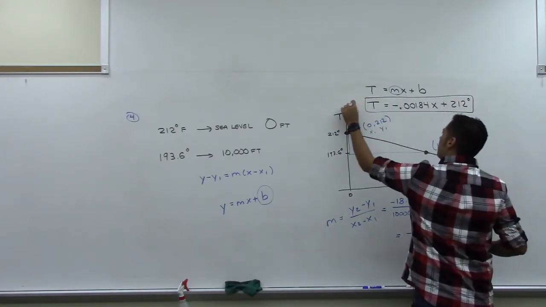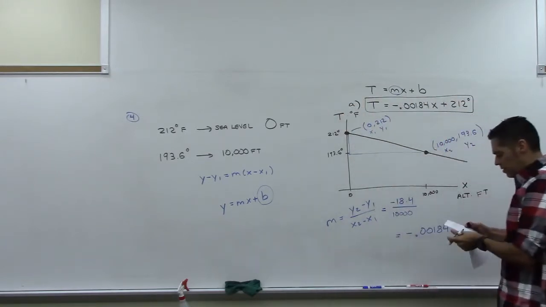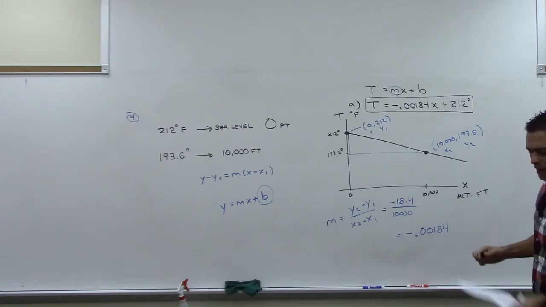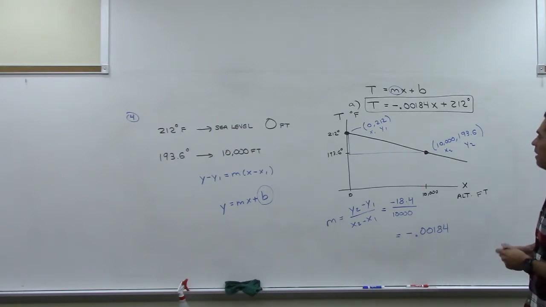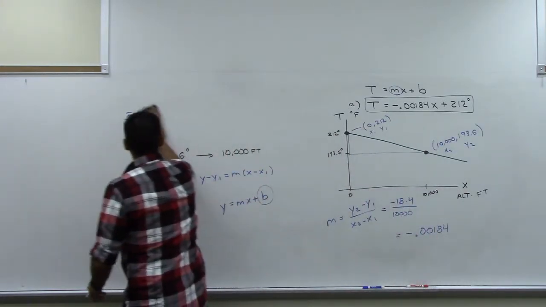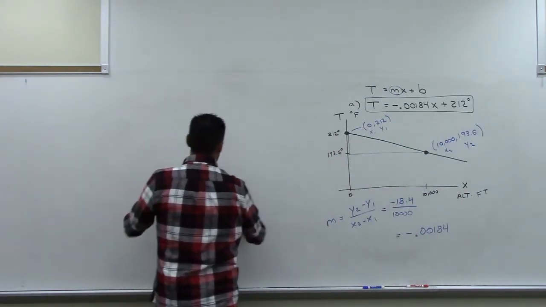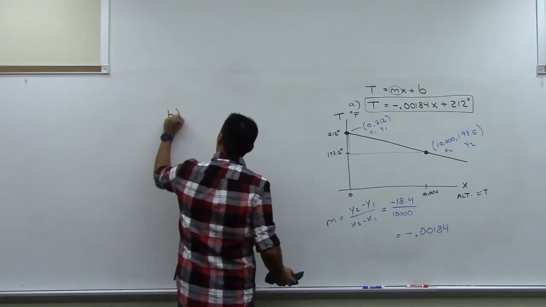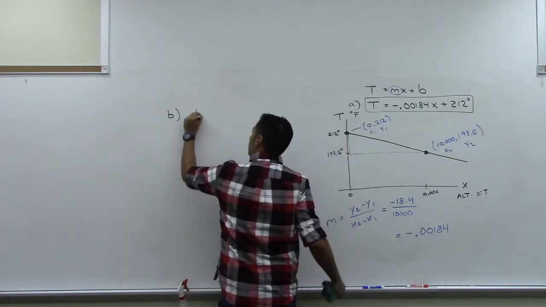This was part A. Part B says, find the boiling point at an altitude of 5,500 feet. The boiling point is the temperature.